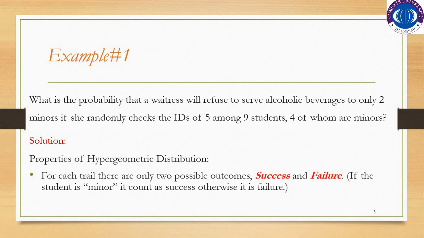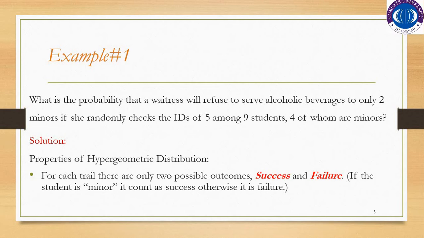So, as the particular scenario is given here, there is a waitress who is serving alcoholic beverages. There are 9 students, among whom she randomly checks the IDs of 5, and she will refuse to give the alcoholic beverages to the one who is a minor.